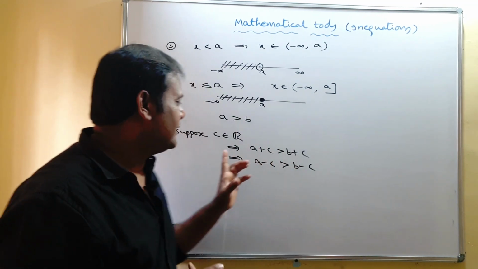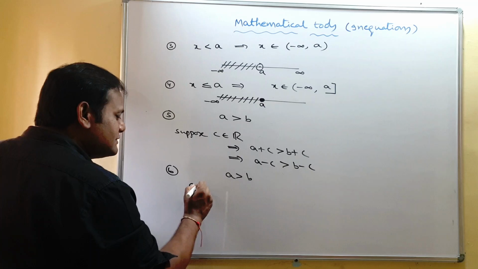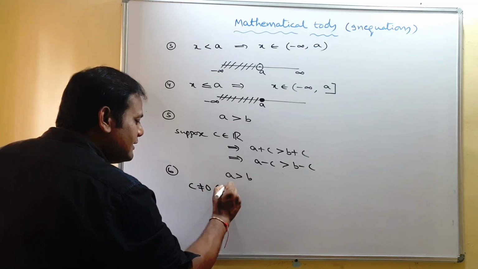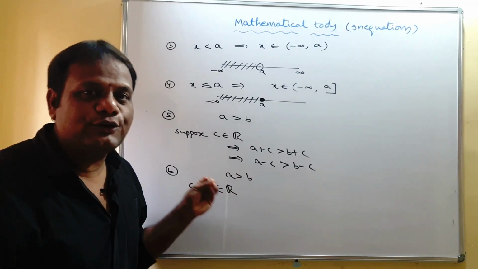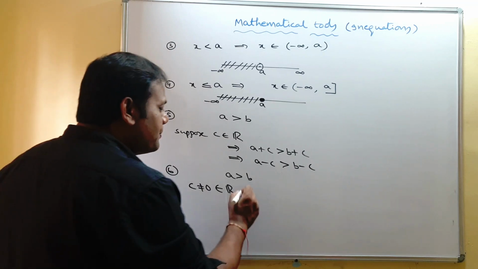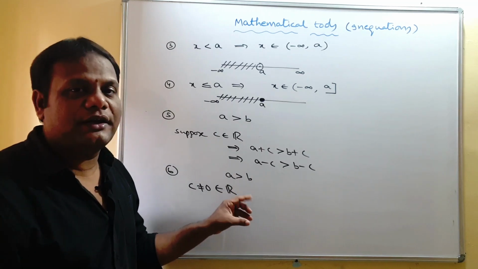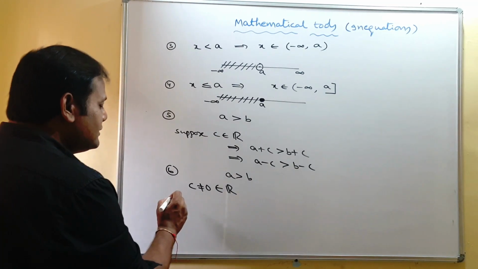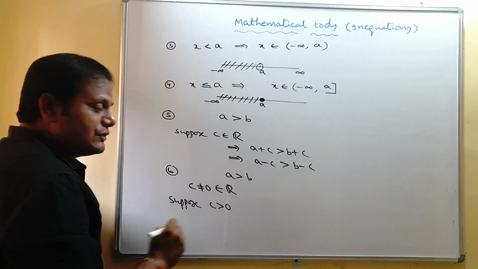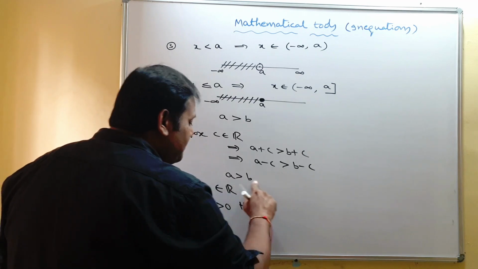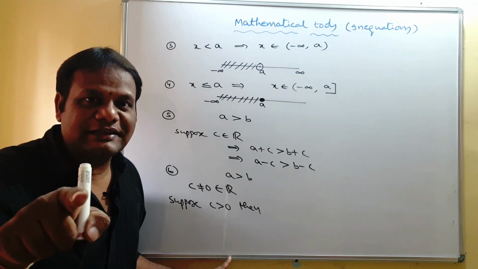Is it clear? Right. Suppose a is greater than b and c not equal to 0 and it is a real number. So c is a non-zero real number. Suppose you multiply this inequation with c, what will happen? Let us observe. Suppose c is positive, then if you multiply this inequation with c, inequation sign remains same.